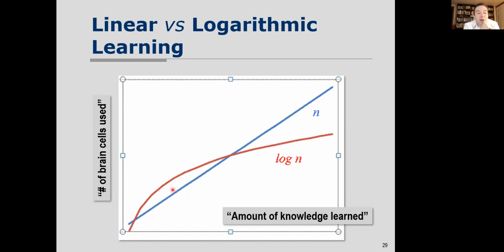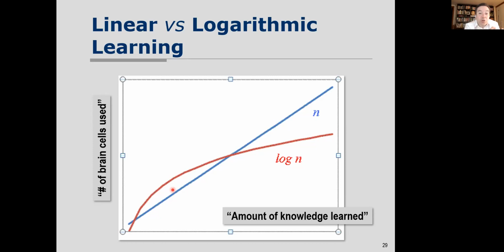So this is probably the most powerful concept in learning: if you have a framework or a model of reality, and you add new information by connecting that new information to the previous model, you actually don't need as many brain cells, as many resources, to remember the new information.